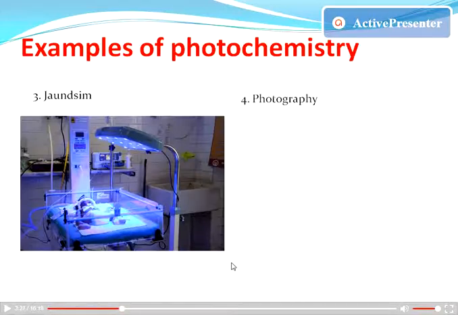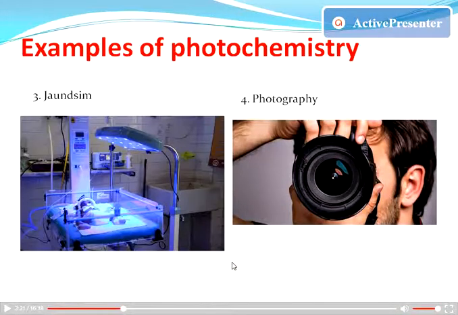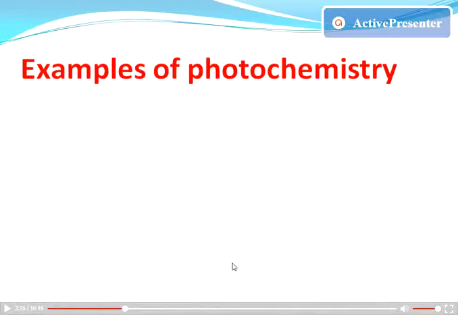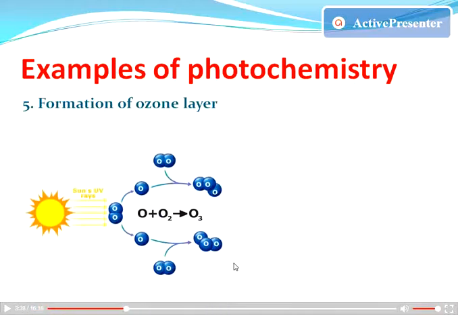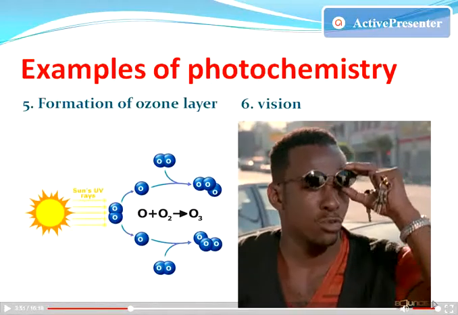Okay, so we can use it also in photography. Of course, photography cannot occur without light. We have it in formation of ozone layer. Okay, and also in vision, of course, we cannot see without light. We use light to see, and many other applications of photochemistry.